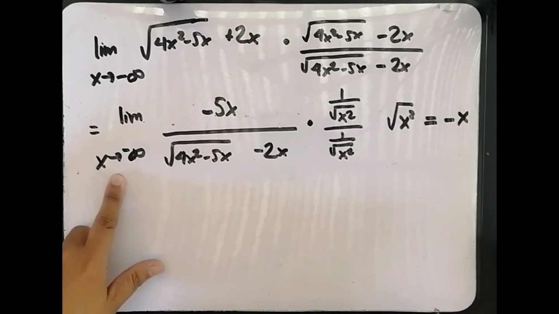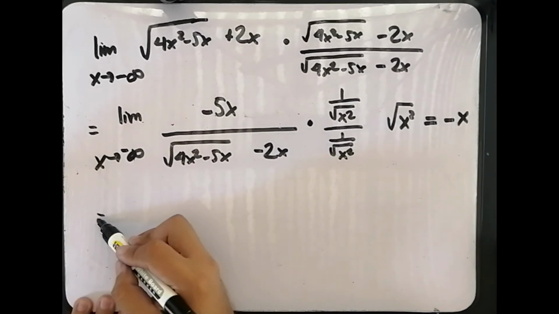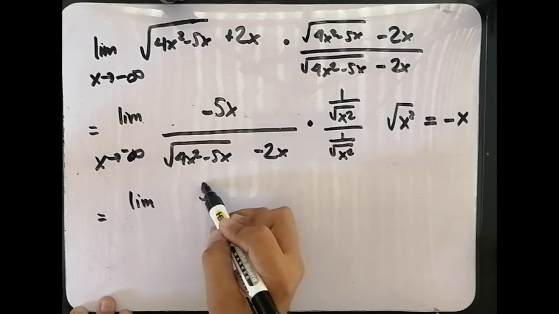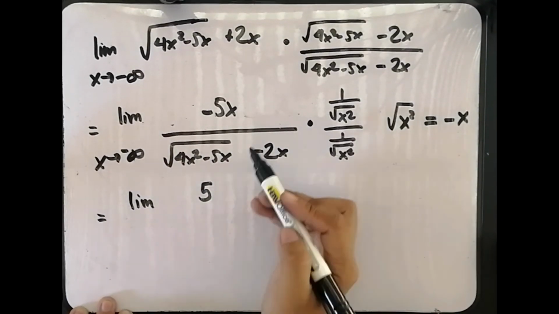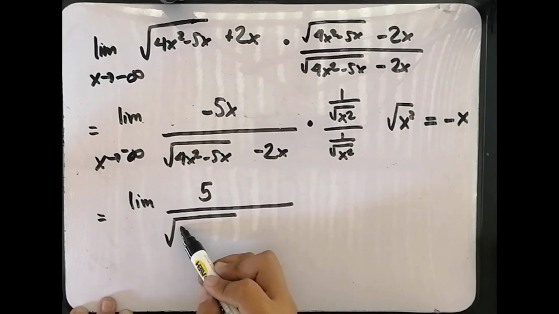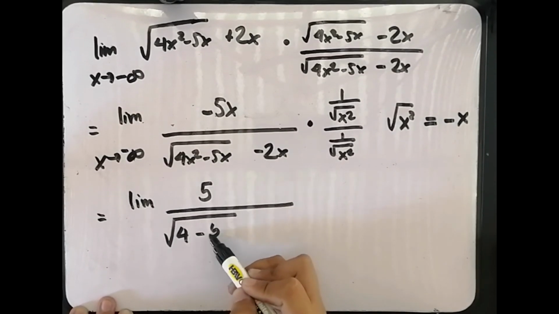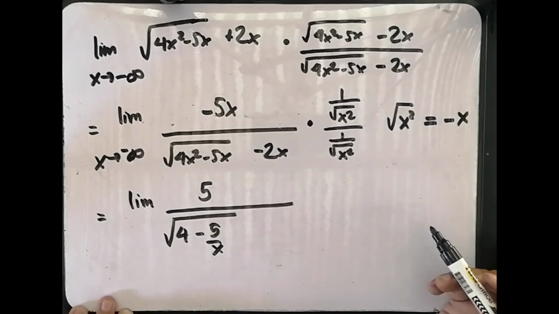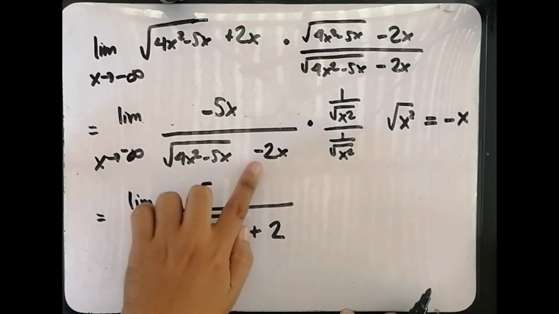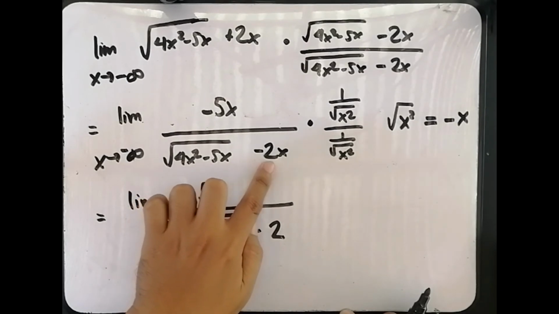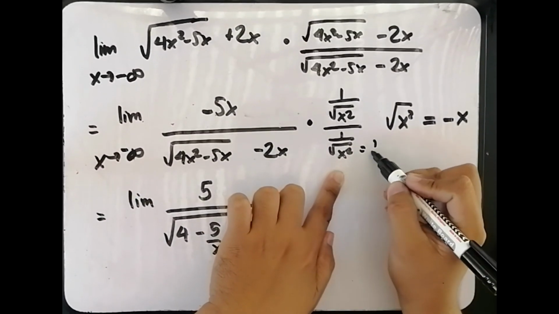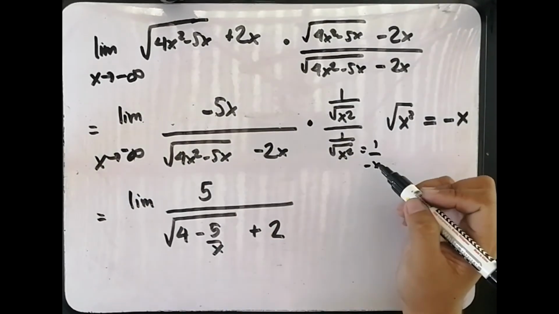So this becomes the limit of 5 over the square root of 4 minus 5 over x, plus 2. It is plus 2 because we have negative 2x times 1 over negative x. 1 over negative x, right? So it becomes positive 2.